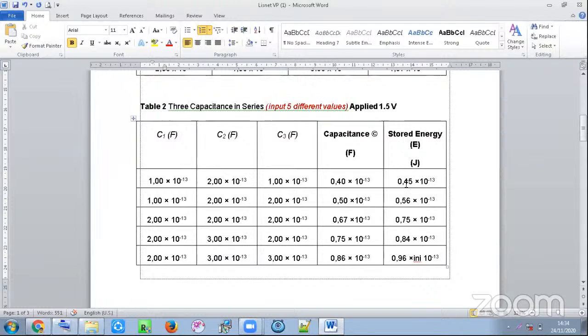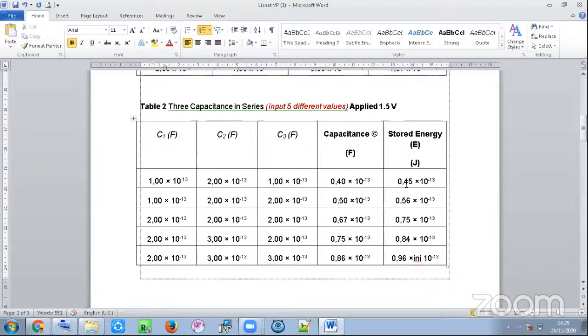Okay, we consider table 2. It's about 3 capacitances in series. We input 5 different values in C1, C2, and C3.